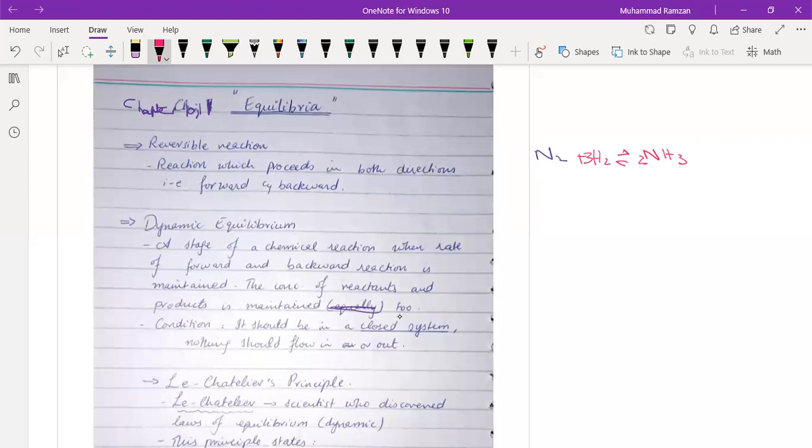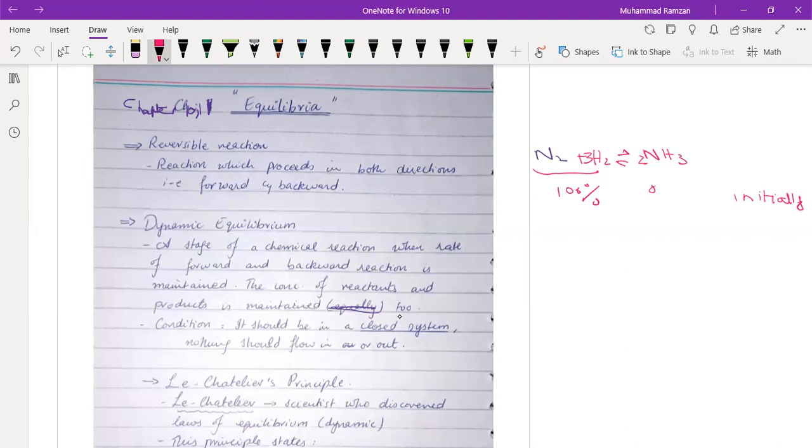What is meant by rate of change? For example, initially you put into a system certain moles of N2, certain moles of H2, certain amounts you have added. Initially this is 100%, and initially there was no product, that's why it is 0.